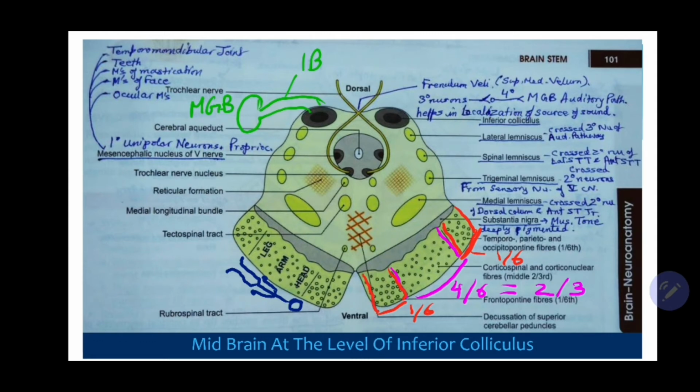Then paramedially, just ventral to this trochlear nerve nucleus, you are seeing the medial longitudinal bundle, also called the medial longitudinal fasciculus. This I'll teach you in detail. This is for the cross communication of third, fourth, sixth and eighth and the cervical accessory nerve, spinal accessory nerve.